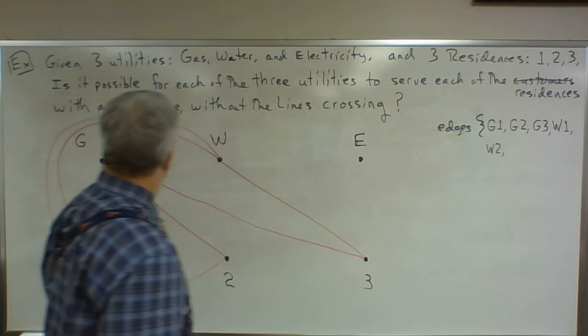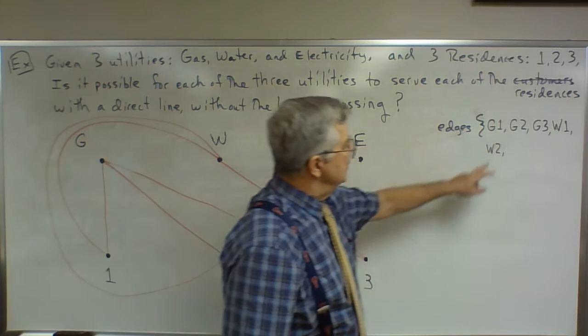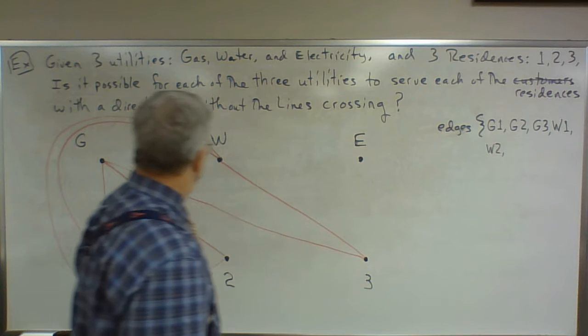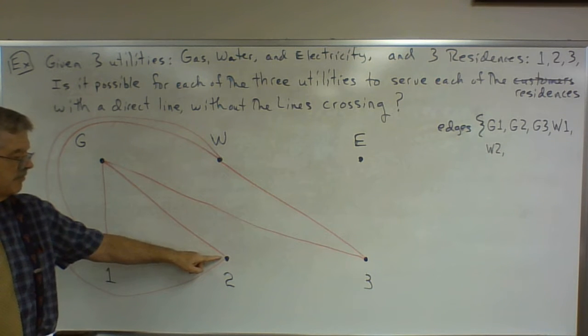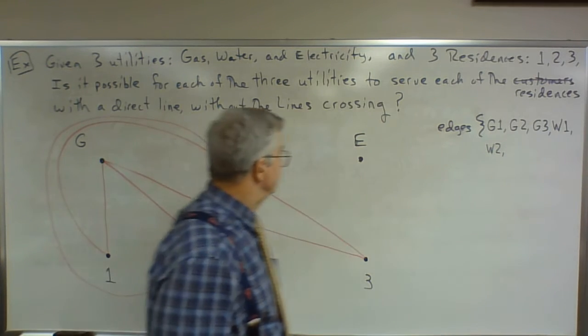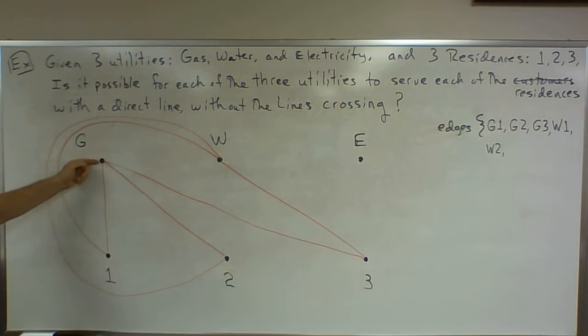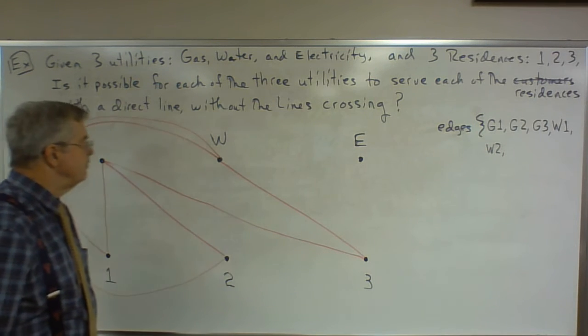G1 goes from Vertex Gas Company to Vertex Resident 1. G2 goes from Vertex Gas Company to Vertex Resident 2. G3 goes from Vertex Gas Company to Resident 3.